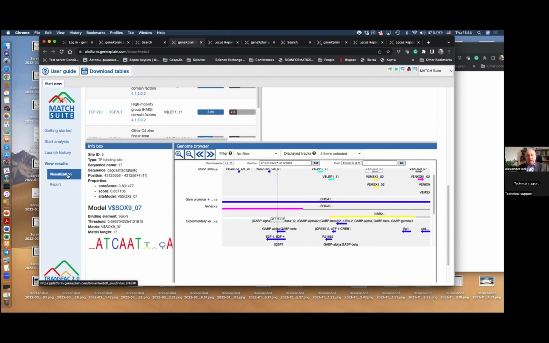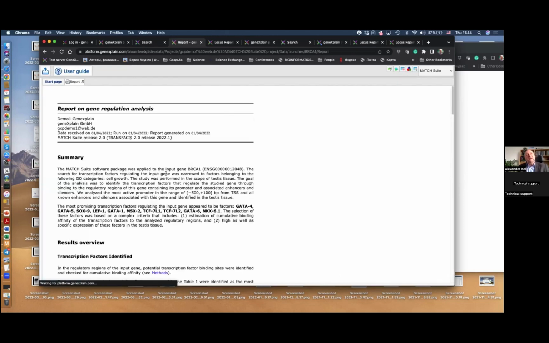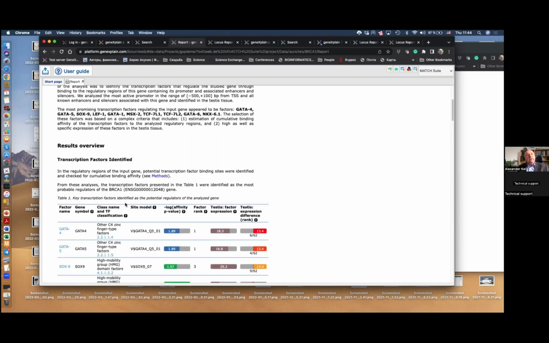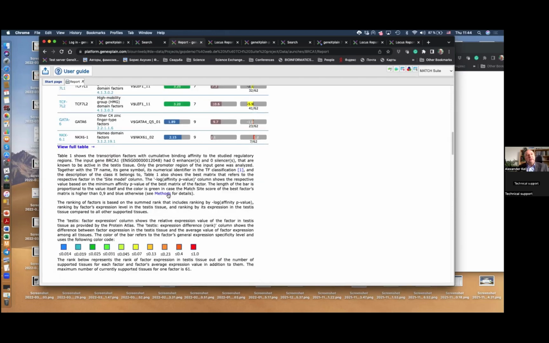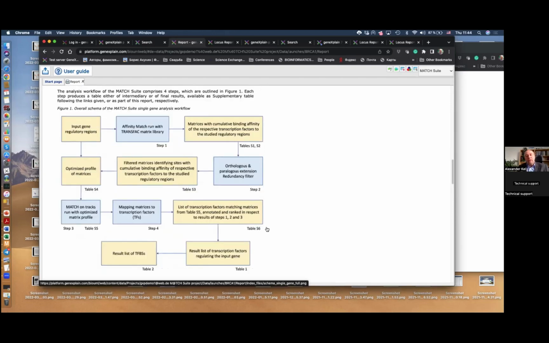Okay, there are a number of questions I want to come to, but let me finish by saying that we can also look at the report of that program, which shows all the results in reported form. It also shows the whole algorithm and explains how the affinity score is used to select the best PWMs and the best motifs.